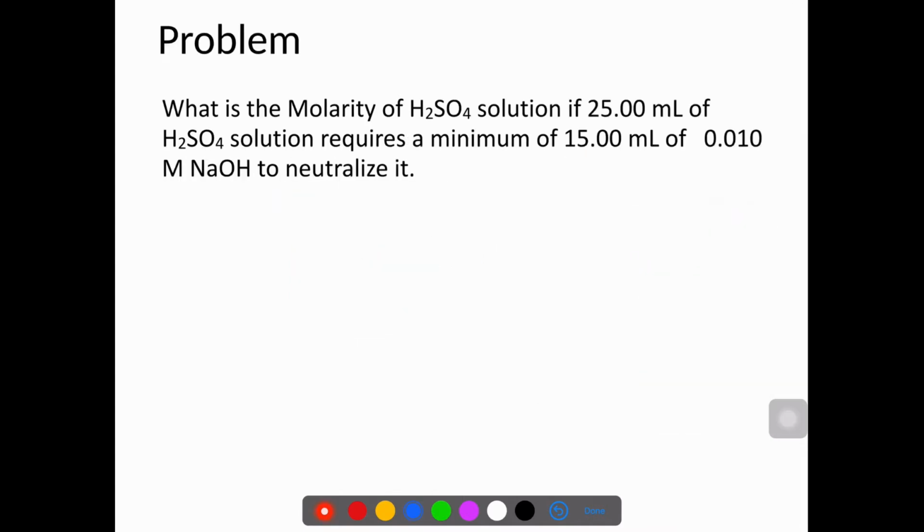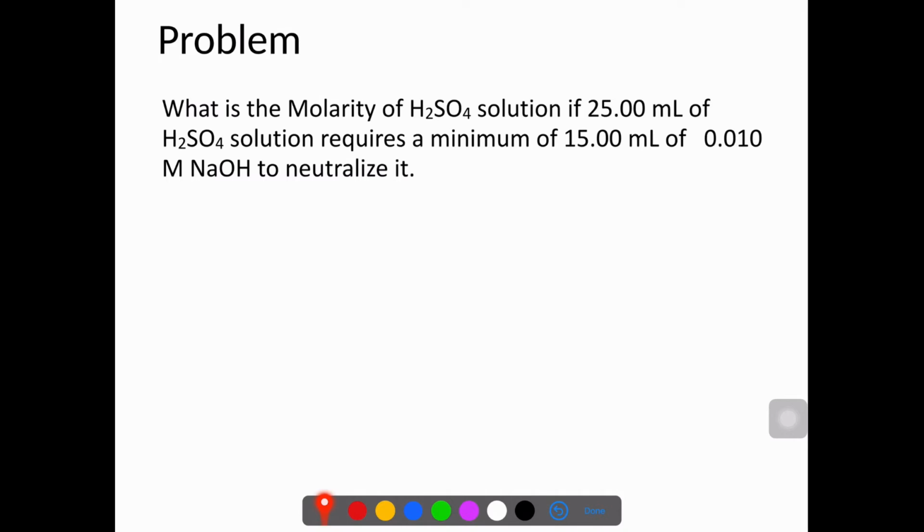So here's the sample problem on stoichiometry between acids and bases. This question asks you, what is the molarity of sulfuric acid solution if 25 milliliters of the acid solution requires a minimum of 15 milliliters of 0.01 molar sodium hydroxide to neutralize it?